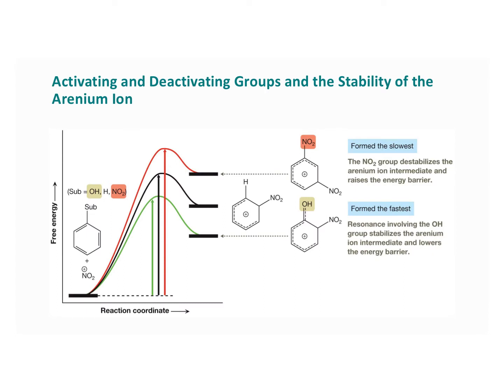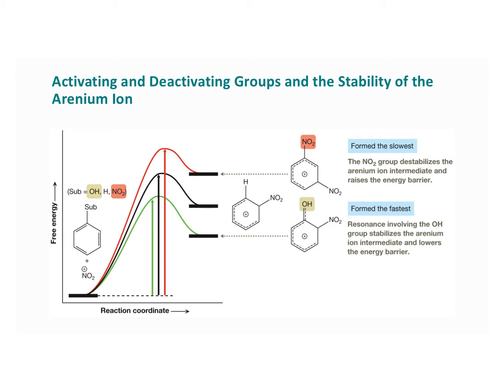When the electrophile adds to the phenol, a lone pair of electrons on the oxygen atom of the OH participates in the resonance to stabilize the arenium ion intermediate, right? And we looked at that in the previous screencast. And so this stabilization lowers the energy barrier for the formation of the arenium ion, and that makes it form faster because it has a lower energy barrier, okay?